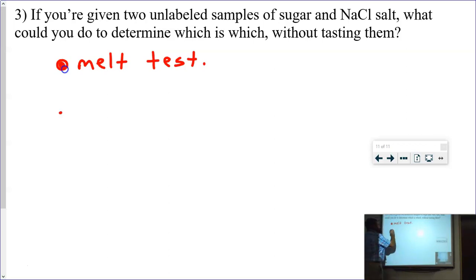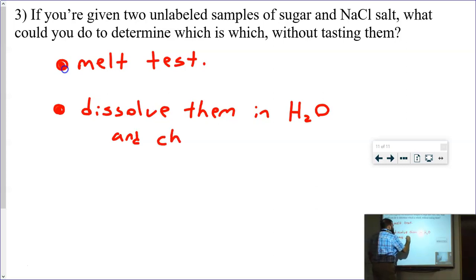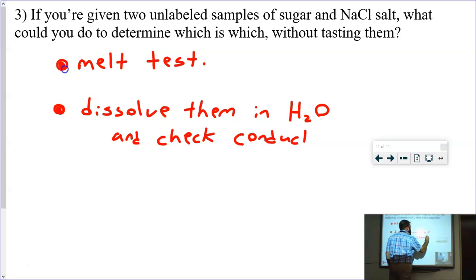The other way, and I kind of started going down this path, is to dissolve them in water and check conductivity. When you dissolve sugar, there are no charges.